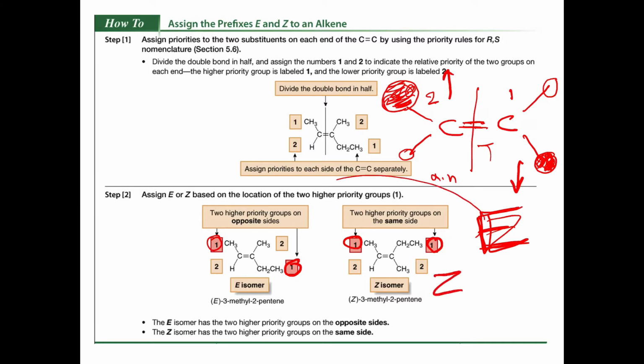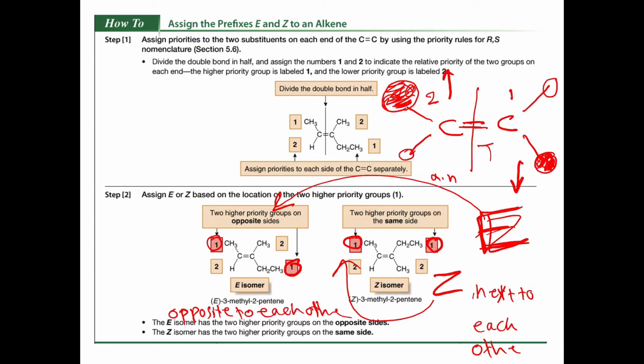So the E is for that, and the cis is for that. That means next to each other, opposite to each other. Hope it does make sense.